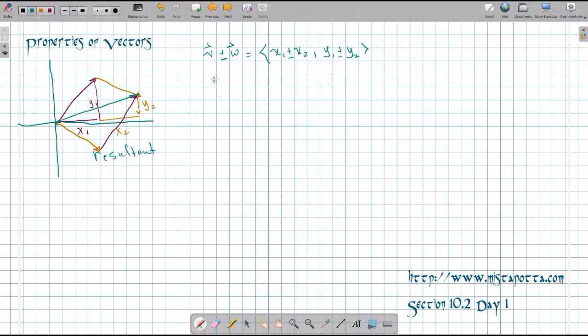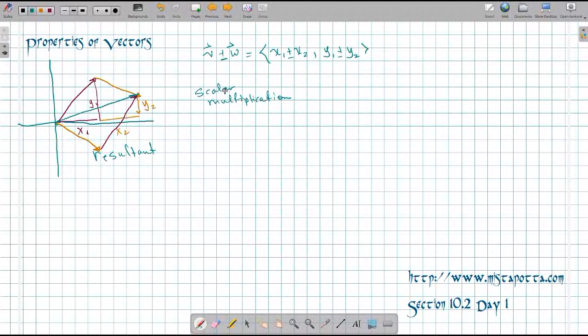We also have something called scalar multiplication. In our geometry classes, we call this dilation. The idea is that we can scale a vector, either by multiplying it by a value to make it longer, or dividing by a constant value to make it shorter.